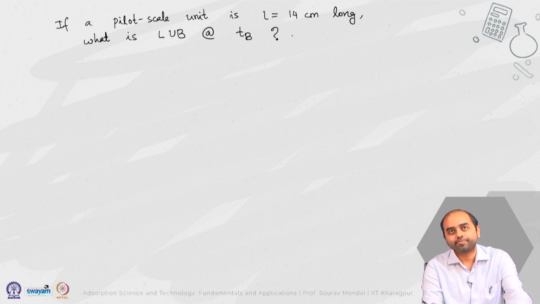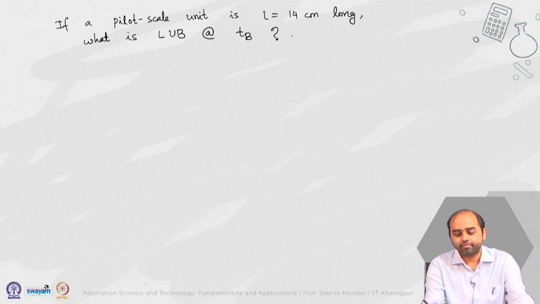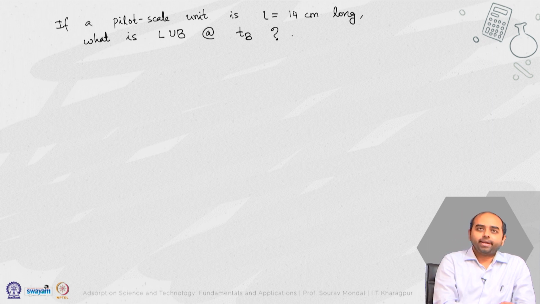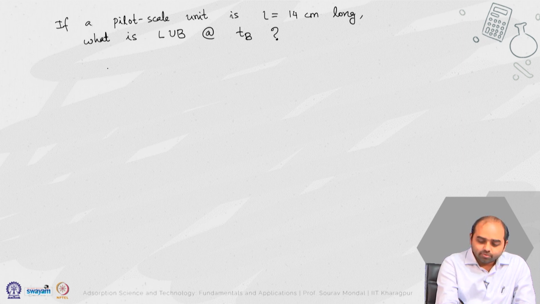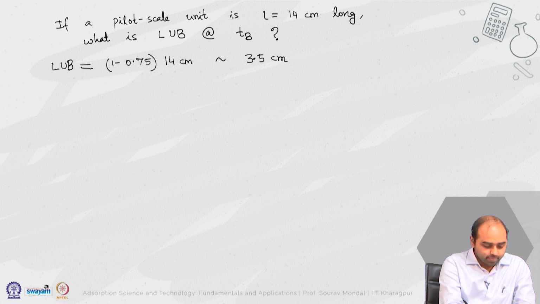Now at the breakthrough time, the fraction of the bed which is unused, comparing this portion of the sigmoidal curve and taking the half value at that zone, is 1 minus 75%, the fraction of the bed which is used, times 14 centimeter, which roughly gives us the value of 3.5 centimeter. So this is the length of the unused portion of the bed.